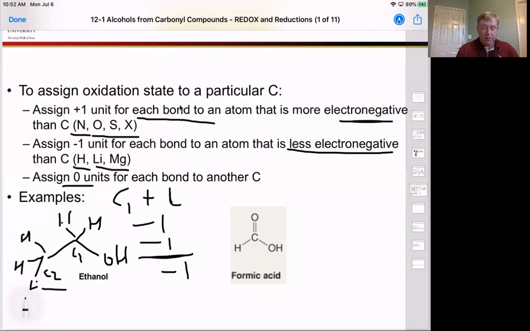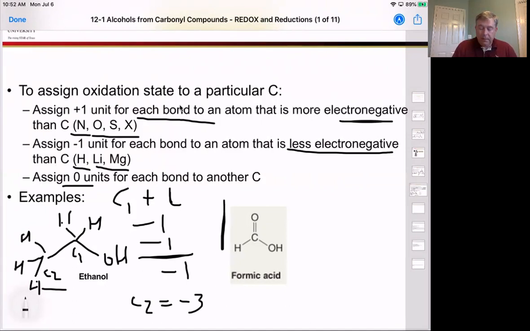So let's look at carbon number 2. We have a carbon-carbon bond, and that, of course, is 0 units. So all we have to do is a -1 for each of the 3 hydrogens. Therefore, carbon 2 has an oxidation state of -3. Okay. The lowest oxidation state possible is in methane, where we have 4 hydrogens bonded to it, and that would be an oxidation state of -4.